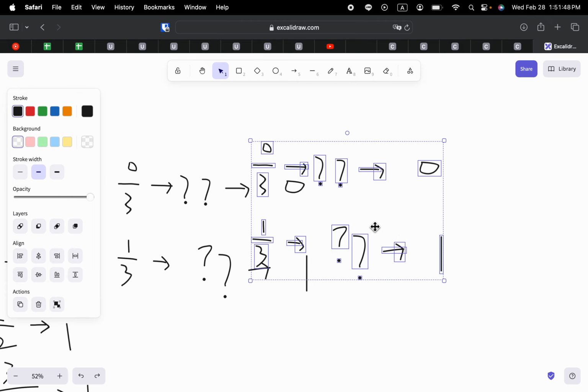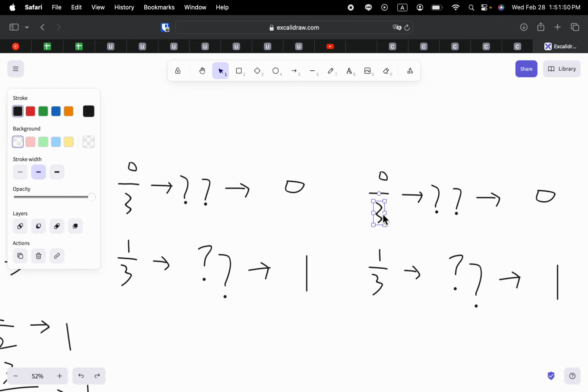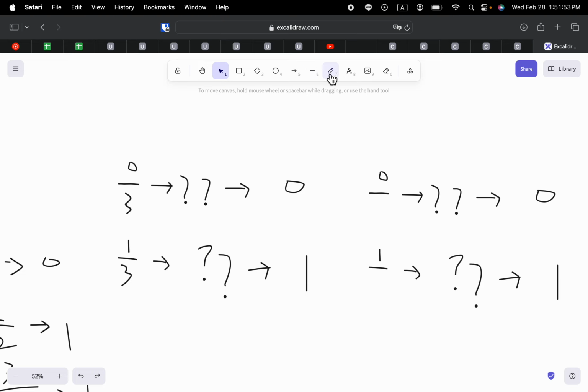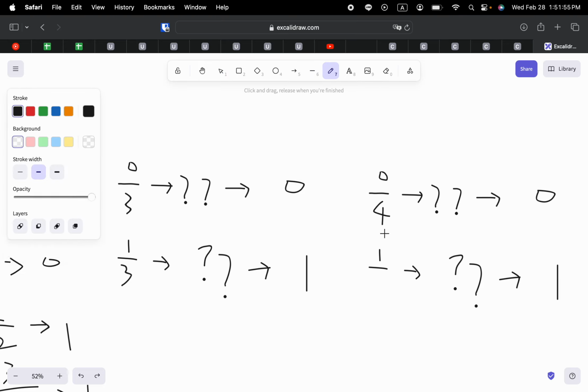How do you make this result happen? And the same with 0 over 4.